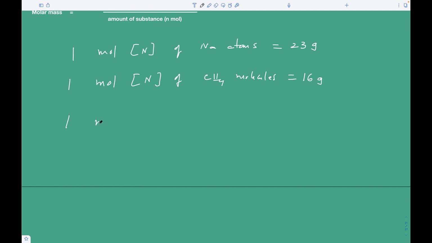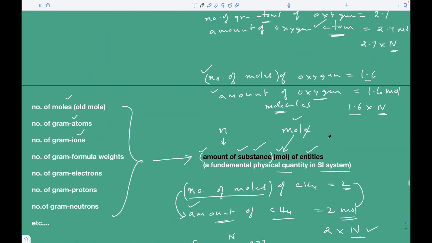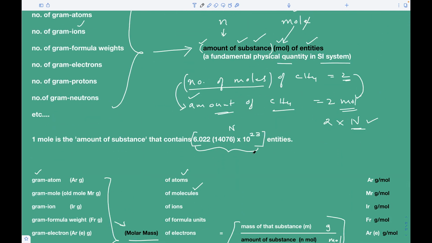Similarly, mass of 1 mole of or an Avogadro's number of nitrite ions will be equal to its ionic weight or relative ionic mass in grams. What is that? 14 plus 32, right? That is 46. So it will be 46 grams. So the mass of 1 mole or an Avogadro's number of nitrite ions is 46 grams. And such a relationship is very convenient. And it is for this reason we took this weird looking number for the size of 1 mole.